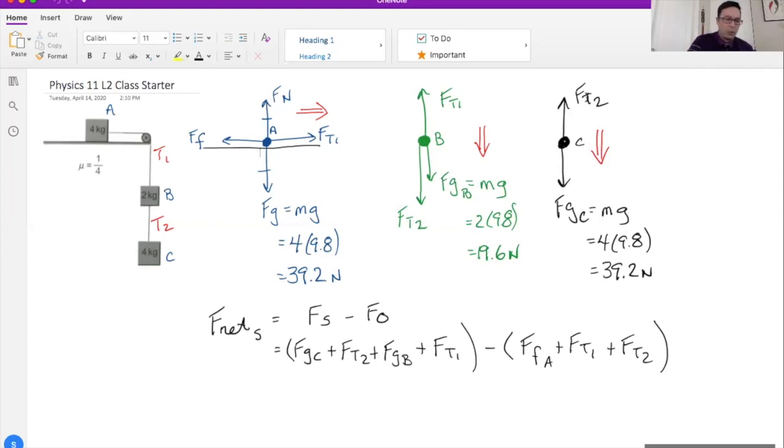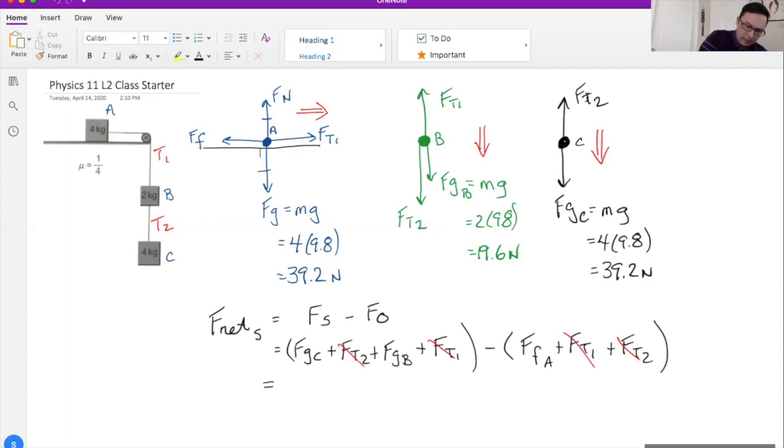Okay, now, what you'll notice when you do system F nets is the tension forces cancel out. Because here we're adding T2, and over here we're subtracting it. And here we're adding F of T1, and over here we're subtracting it. So they cancel out, leaving us with the following.